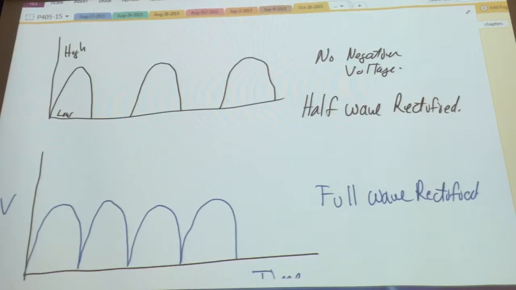So first of all, on the vertical axis, what do we have? Voltage. And high voltage means a lot of acceleration for the electrons. Low voltage means little or no acceleration for the electrons. So there are moments in time when there's a lot of acceleration, and there's moments in time when there's no acceleration.